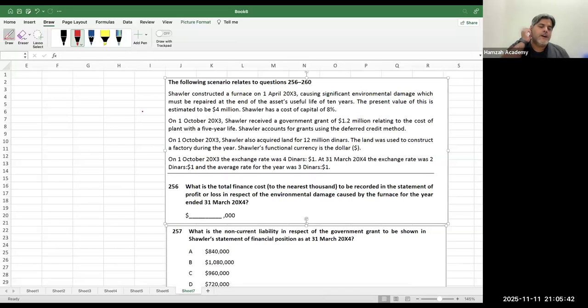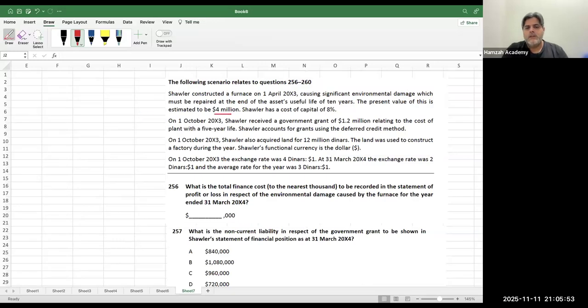Scholler constructed a furnace on 1st April 23, causing significant environmental damage, which must be repaired at the end of the asset's life of 10 years. The present value of this is estimated to be 4 million. Scholler has a cost of capital of 8%. Okay, so question 256. What is the total finance cost to the nearest thousand to be recorded in the statement of profit and loss in respect of the environmental damage caused by the furnace for the year ended 31st March 20x4?